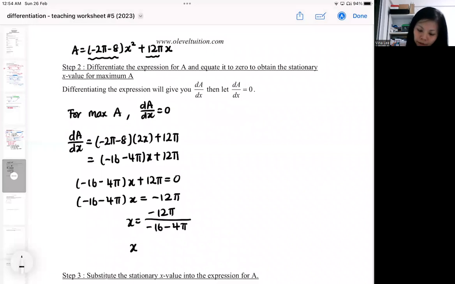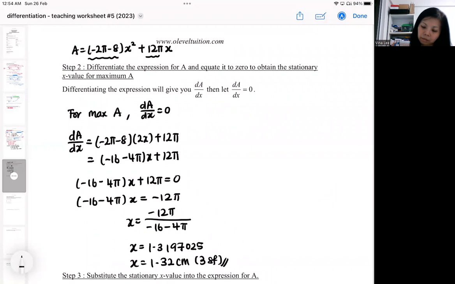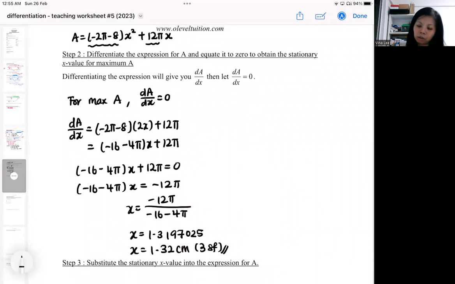Okay, if you go and punch the calculator, usually when I punch the calculator, I will write a few more decimal places before I give the 3SF. Why do I do that? Because if I need to use the x, I wouldn't use the 3SF. I will use a more accurate one.